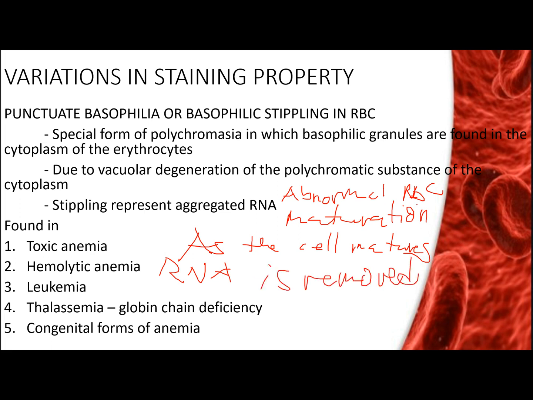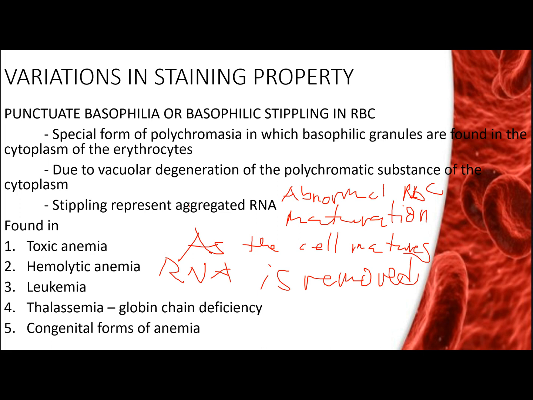Now, due to this abnormal RBC maturation, some aggregates or some amount of RNA would remain in the cytoplasm, forming this so-called basophilic granules or basophilic stippling. So let me repeat, your basophilic stippling is formed due to abnormal RBC maturation. This is the representation of aggregated RNA.